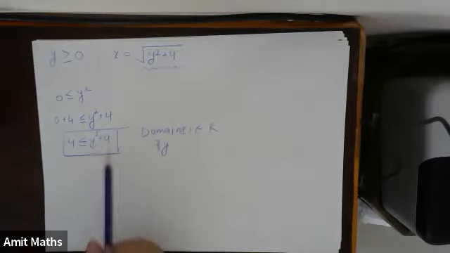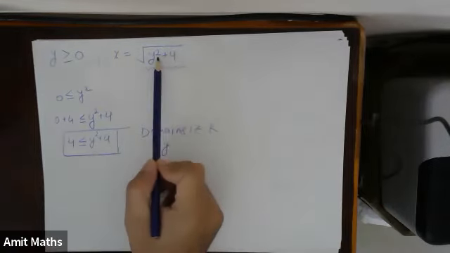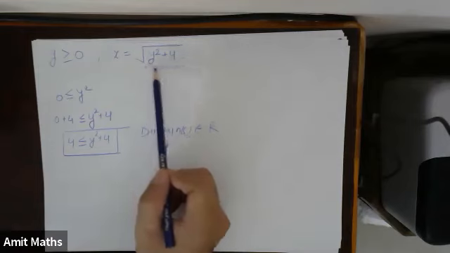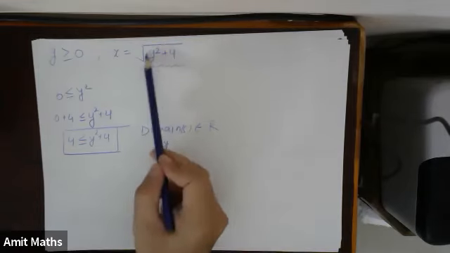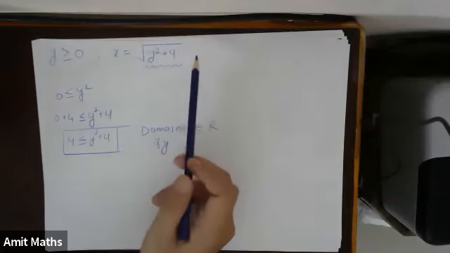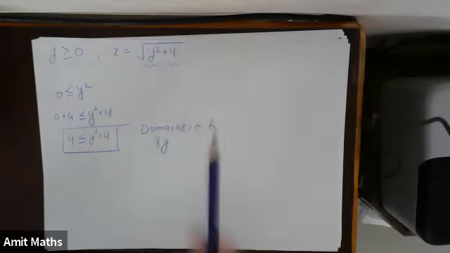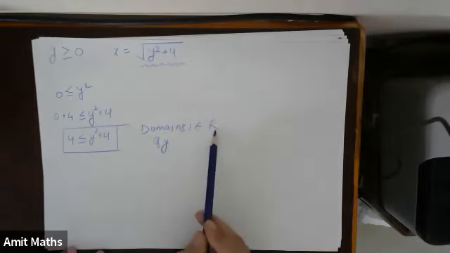No matter what y you take, minus 1, minus 2, minus 3, minus 4, minus infinity, plus 1, plus 2, plus 3, plus 4, plus infinity or 0, you will always get the thing inside the root as greater than or equal to 0. So the domain of y is real numbers.